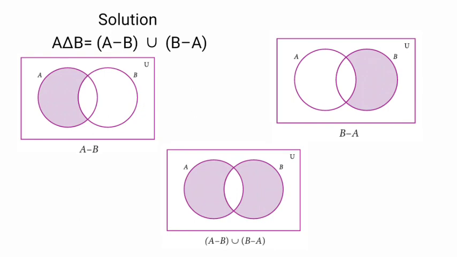That is, except B. We draw shaded only A; A difference B means only A. Second one is B difference A, that is B only, except A. Now A delta B equal to A difference B union B difference A. Therefore, union means joining the two parts, A difference B and B difference A. That is the third diagram, A difference B union B difference A.